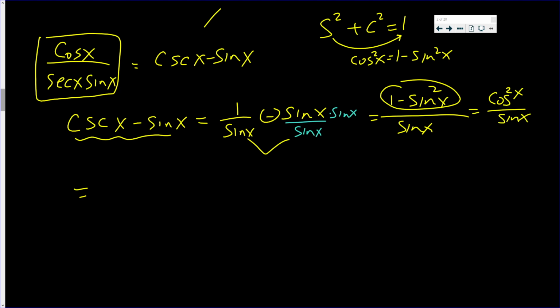Then I look at what I want. I have the sine x in the bottom. So I'm going to safeguard that. But you know what? I only want cosine on top. Well, cosine x squared is cosine x times cosine x over the sine x.